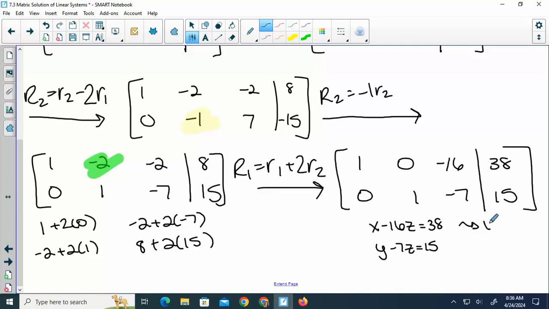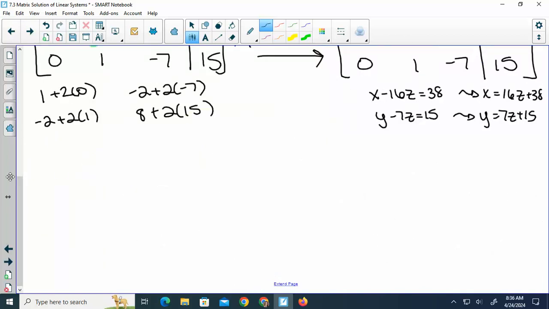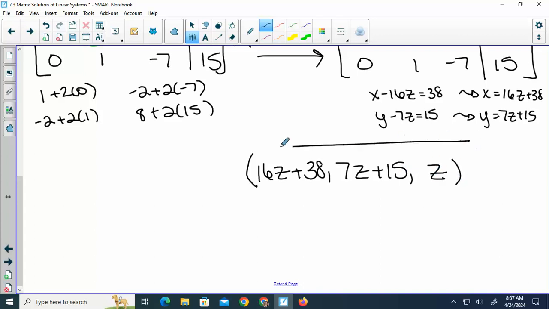So that means x is 16z plus 38. y is 7z plus 15. So we solved for x and y, we just weren't able to get to numbers. So my solution in terms of z would look like this.